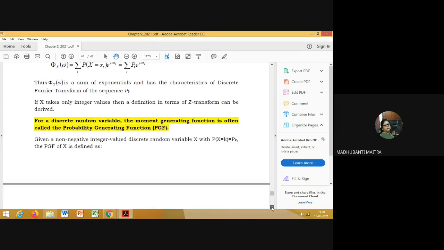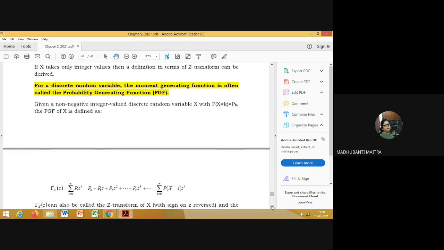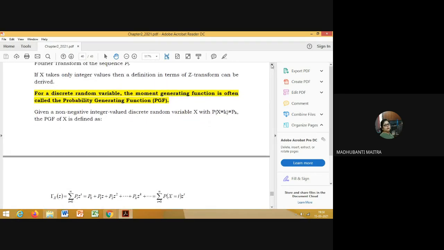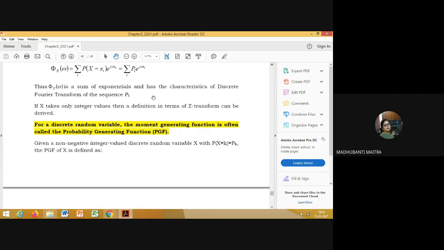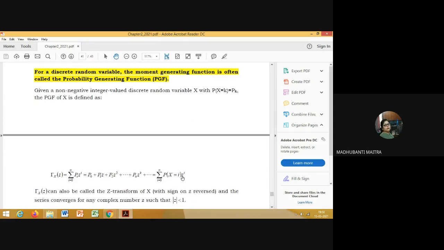Right. If I substitute this with the help of this variable z, then that expression can also be written as the summation, i varying from 0 to infinity, of probability that x is equal to xi, into z to the power i.